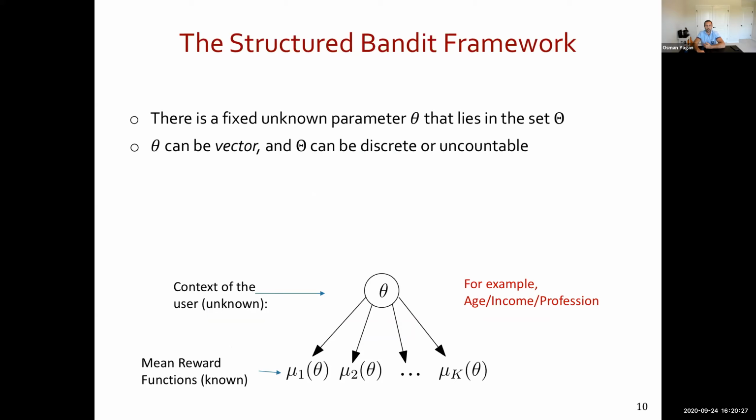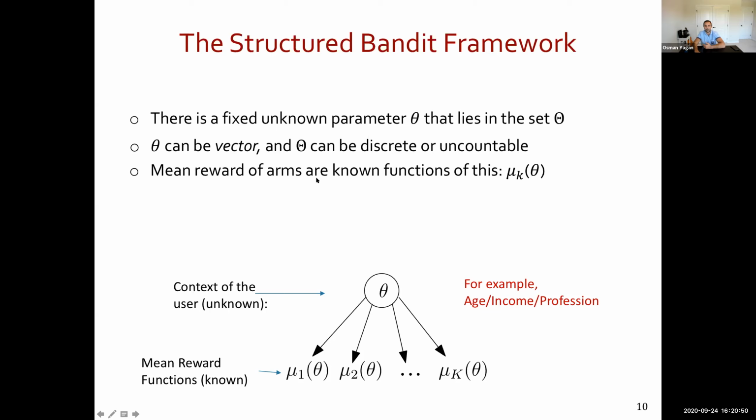Let's look at the general setting that we have set up here. The unknown latent parameter theta lies in a set, and that set can be discrete or uncountable. So both continuous and discrete theta cases are included in our framework. The latent parameter doesn't have to be a scalar, it can be a vector as well.